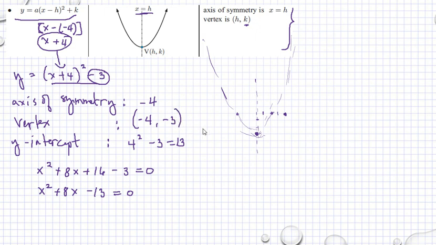So remember that your lowest point or your highest point is always k. Lowest when your a is positive. Highest value for your y is your k when a is negative.